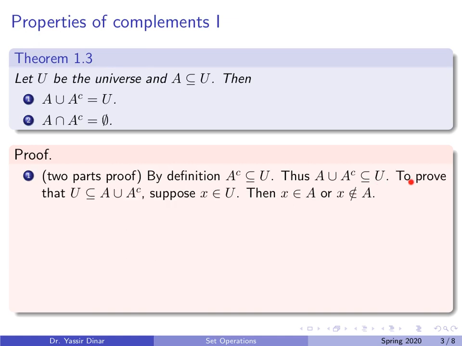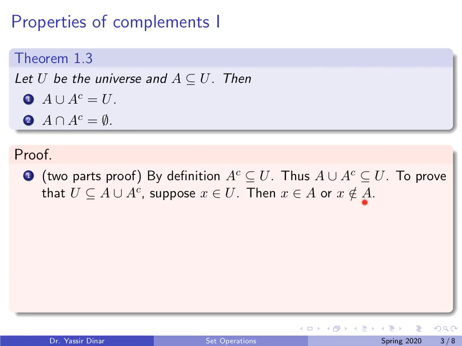Now to prove that U is a subset of the union of A and A complement, we take X belongs to U, and we have to prove that X belongs to A union A complement. Since X belongs to U, then X is either in A or X is not in A. This is a tautology.